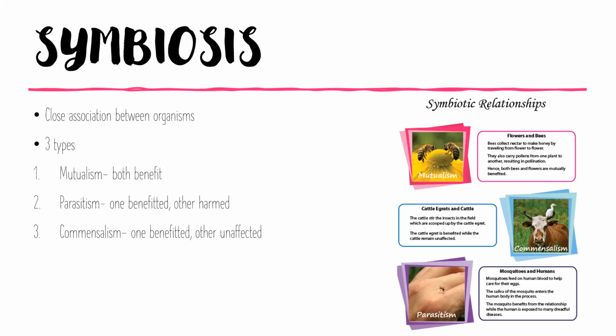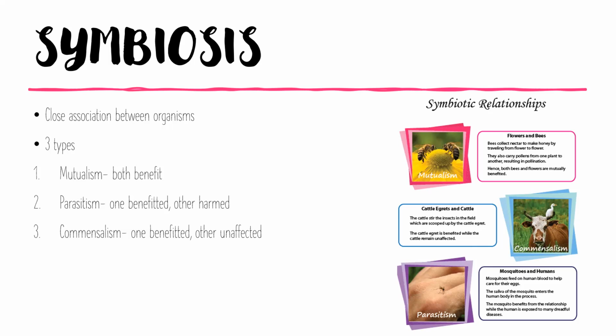So the flowers are benefiting because the pollen is being transferred to other flowers, and the bees are benefiting because they're getting nectar from the flower. In this relationship, both the organisms are benefiting from each other. So this was one of the examples for your mutualism.